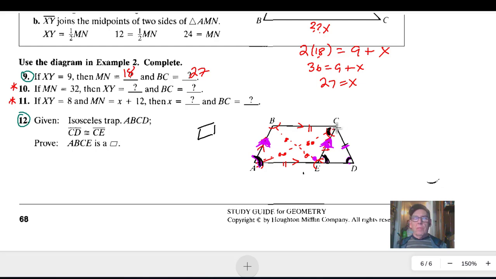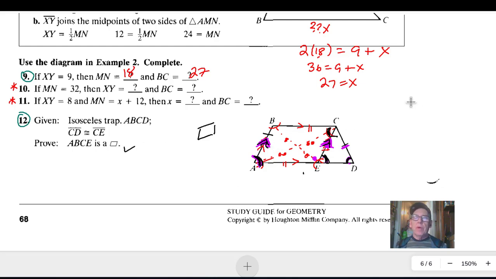So isosceles trapezoid ABCD, that means this side and this side are congruent, and this side is congruent too because it's isosceles with the CD side. That's enough there to give us a set of sides that are both parallel and congruent to each other, which can cause this to be a parallelogram.